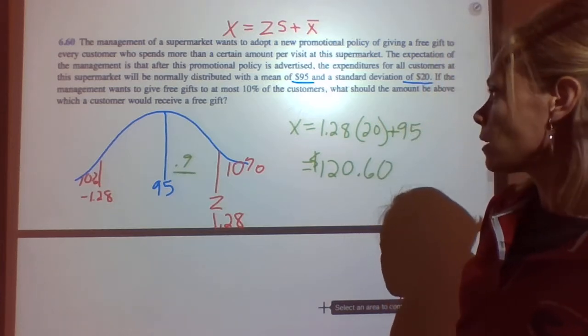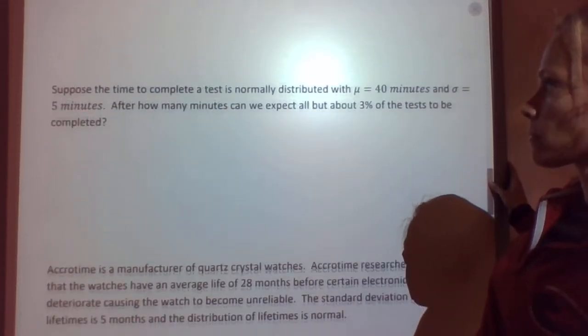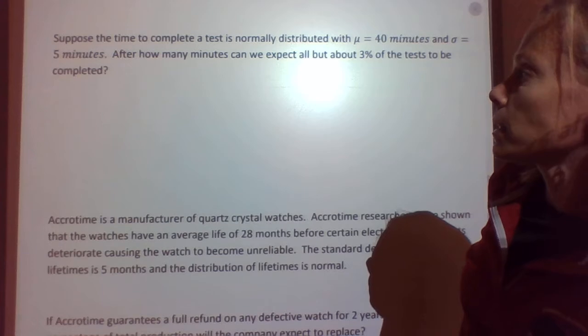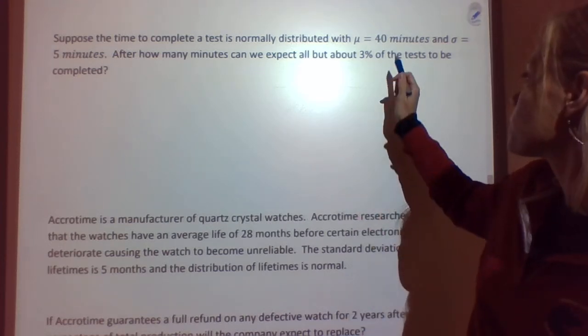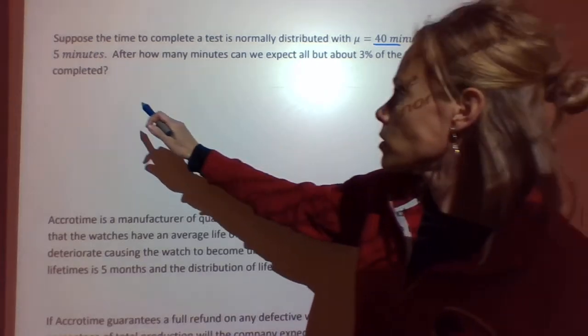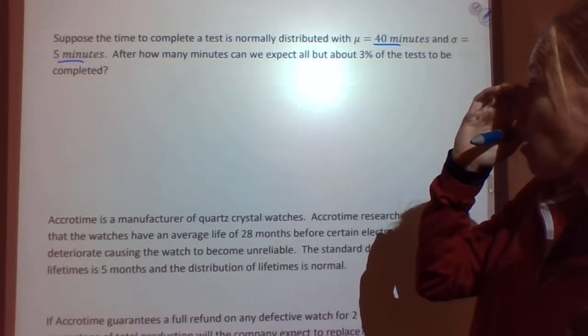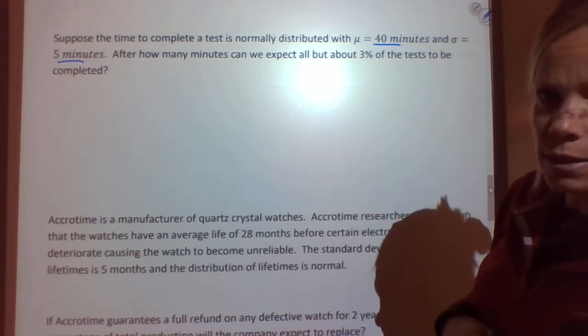Okay, let's try another one. Suppose that the time to complete a test is normally distributed with a mean of 40 minutes and a standard deviation of 5. After how many minutes can we expect all but 3% of the tests to be completed?